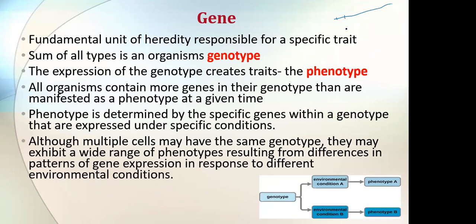Remember that inside a DNA there are a few portions that code for a protein, meaning a coding sequence, and a few portions that do not make sense, the non-coding sequence. That non-coding sequence is not the gene, but the coding sequence is.